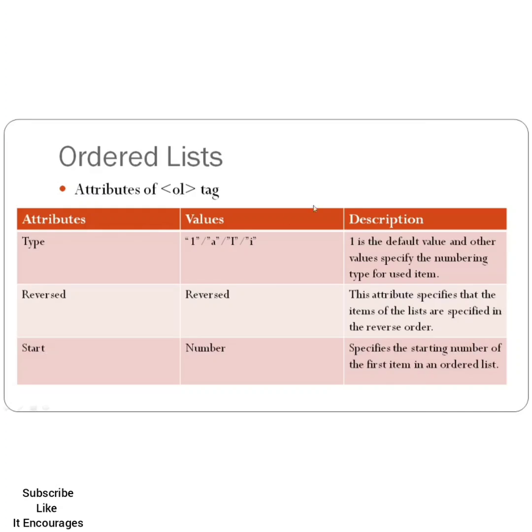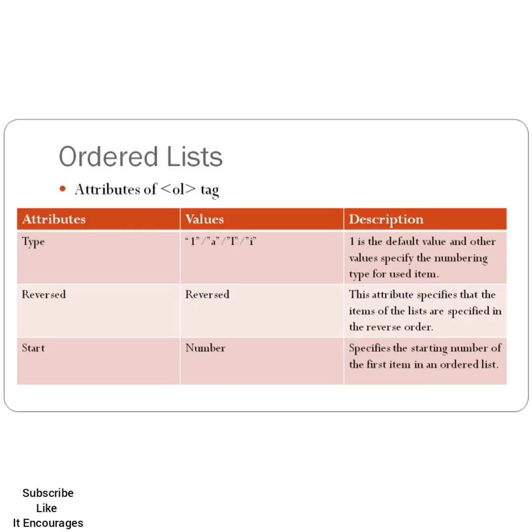Similarly there are the uppercase Roman numeral and lowercase Roman numeral. In case the type is reversed, then the list will be numbered in a reversed way. Suppose there are 4 list items, then the items will be numbered from 4, 3, 2, 1.